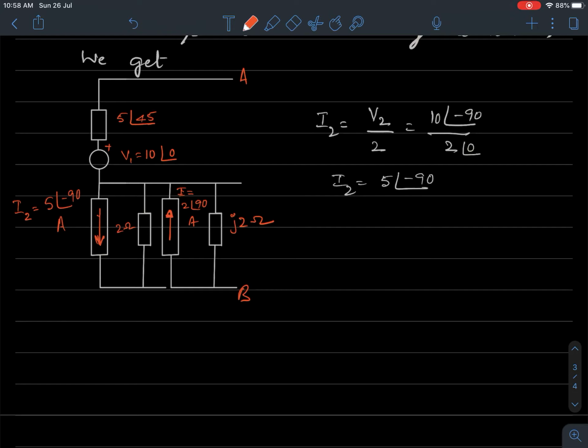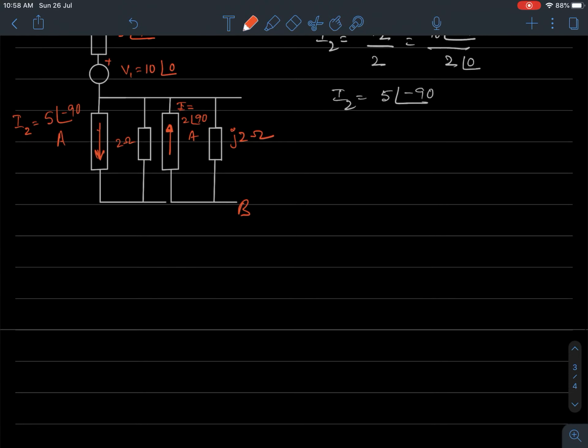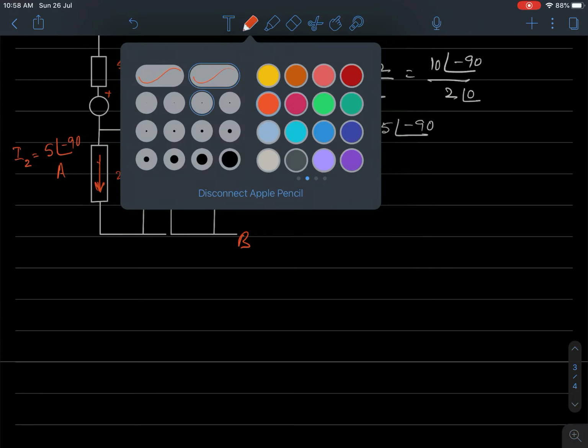Now, if I want to add the two, I take the difference of the two sources, because one is in the upward direction and the other current at the same time will flow in the downward direction. So I can combine the two current sources and rewrite the circuit.